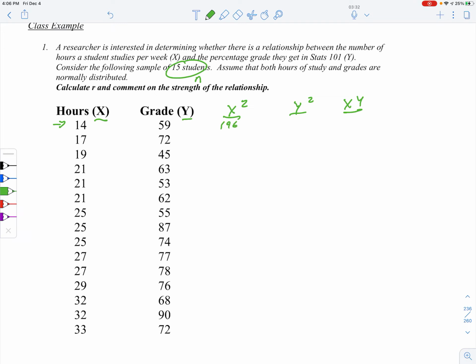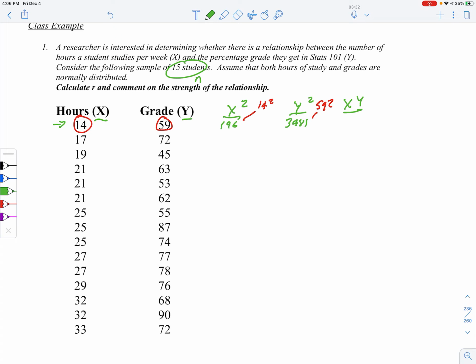So this particular number here, let me just change colors here. This number here then is 14 squared. This number squared. Okay? Now if we took 59 squared, then we're going to get this number here, which is 3481.